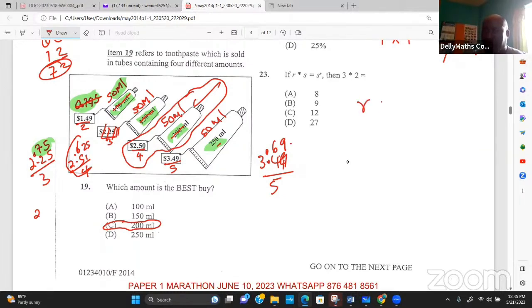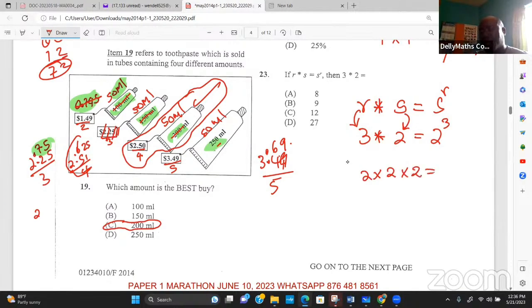If R asterisk S is S raised to the R, and I set up 3 asterisk 2, the R is 3 and the S is 2. So it's going to be 2 raised to the 3. That means 2 times 2 times 2, and I'm looking for 8 at the top.